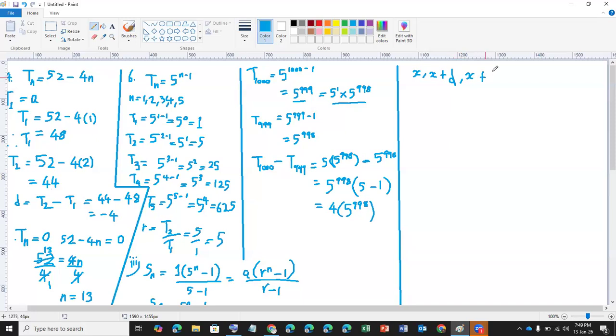I hope you understand why I'm using x, because I don't want to assume these are the first three terms. They just said three terms, but we know there's a common difference between them. So that's why I could come to this conclusion. The three terms should look like this: x, x plus b, and x plus 2b.